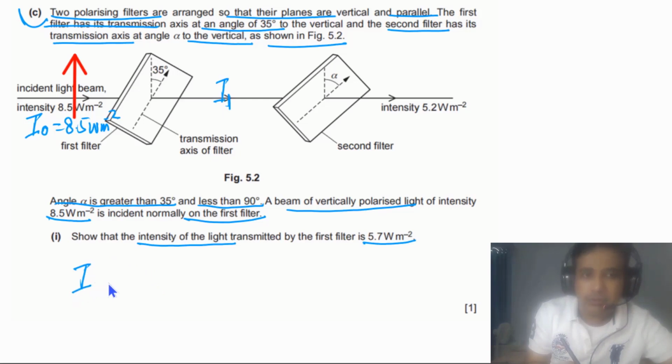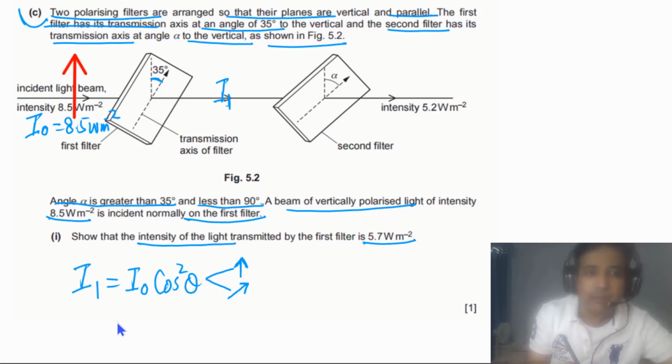I transmitted, meaning I1, has to be equal to I naught cosine square theta, and theta is the angle between the vertically polarized light and this first filter. So we have vertically polarized light, and the angle here is 35 degrees.